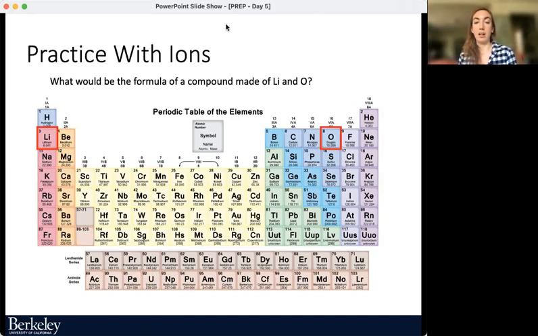So we're going to just use the exact same rules as before. And what we're seeing here is that oxygen could form covalent bonds like it did before when it was sharing with hydrogen, but it can also make an ion. So I'll give you about 30 more seconds to answer this.